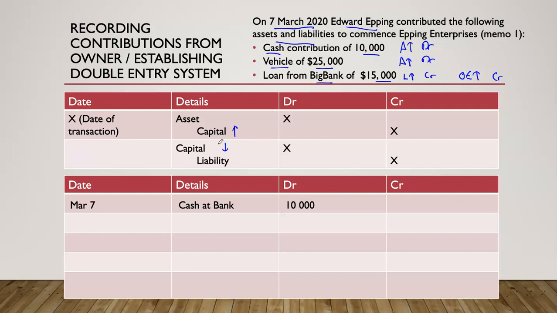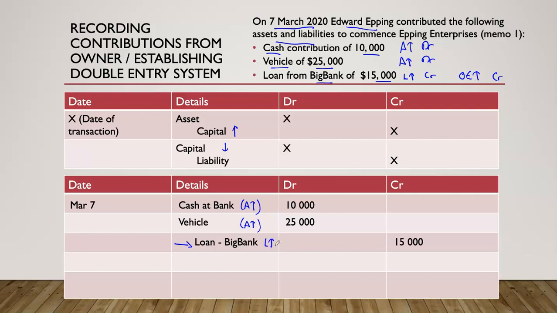We recognize that as a debit because our asset is increasing. Our vehicle also goes up, which is an asset increasing, so it is a debit of $25,000. We have a loan, which we indent because there is the convention that we do our credits as indentations, of $15,000 because this is a liability increasing.